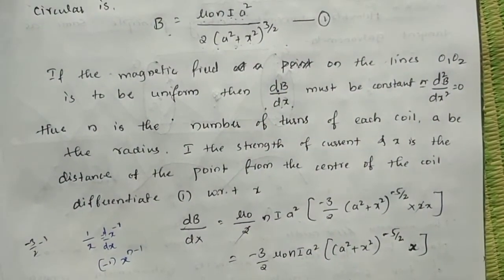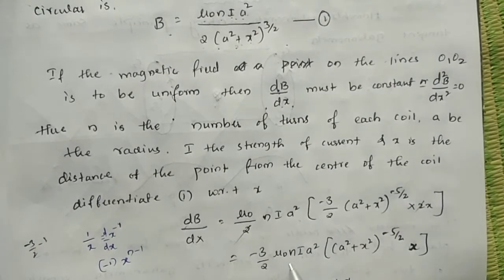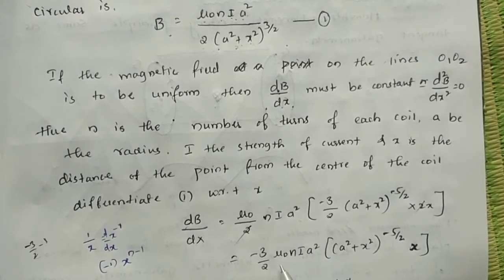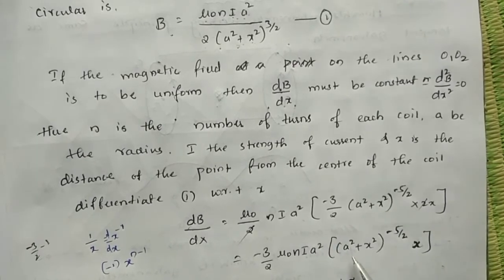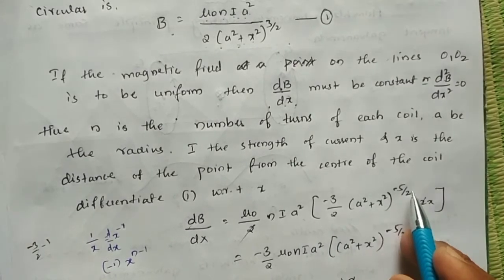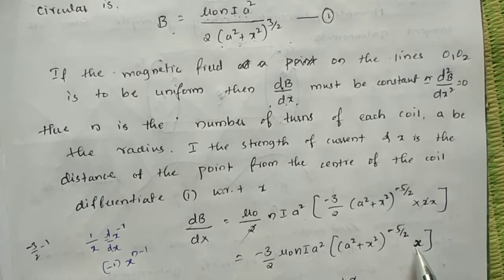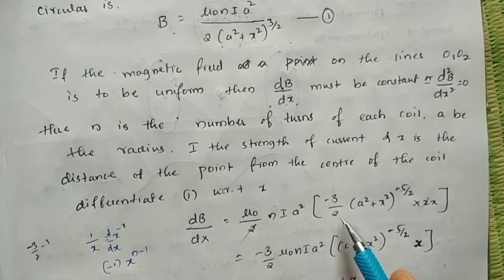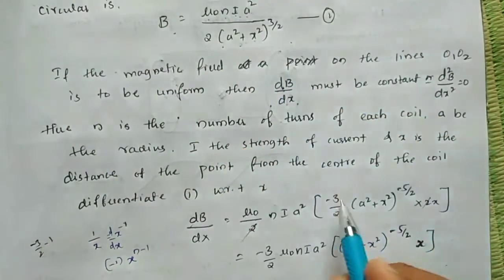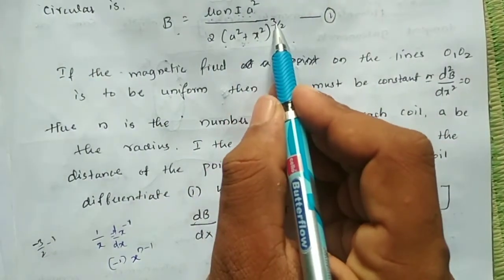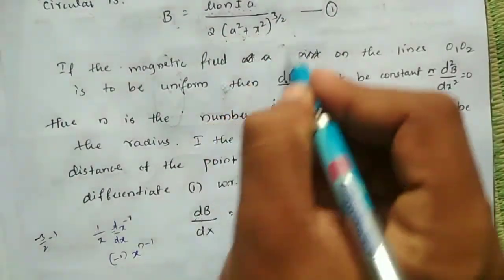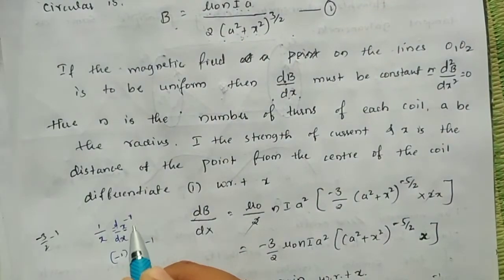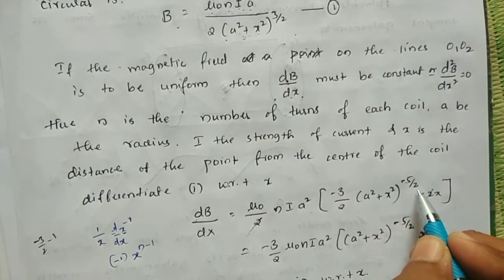Then here, minus 3 by 2 mu naught n I a square, you take it as a constant, and here (a square plus x square) raised to minus 5 by 2 into x. So you got the differentiation of this term. It is minus 3 by 2, because you have to take the differentiation of x raised to minus 1, minus 3 by 2 whole raised to minus 5 by 2.